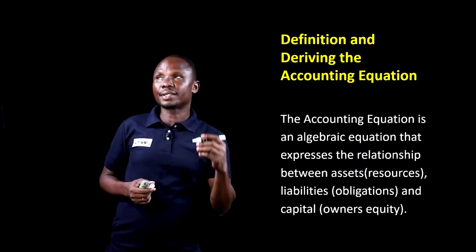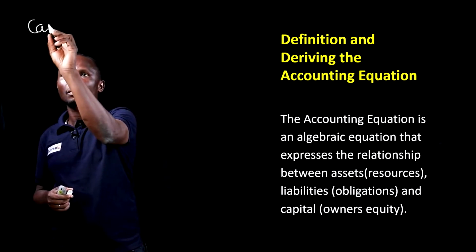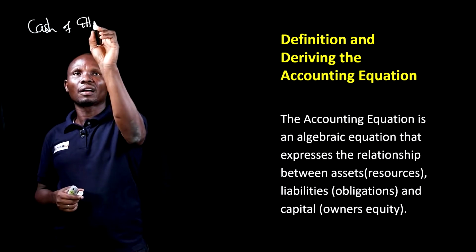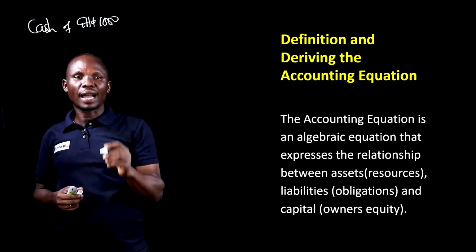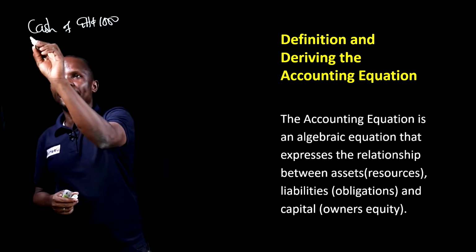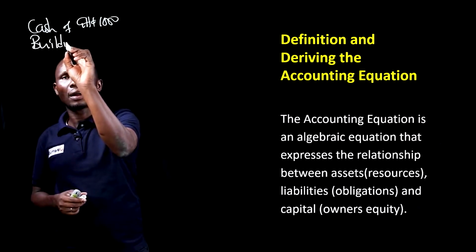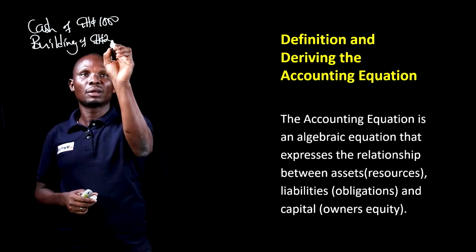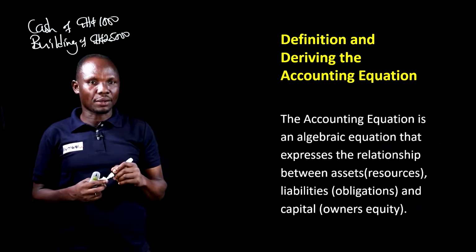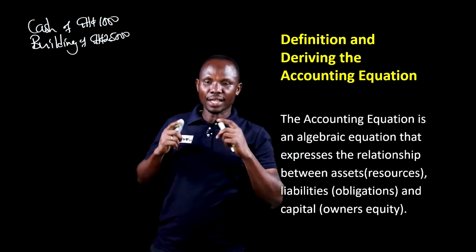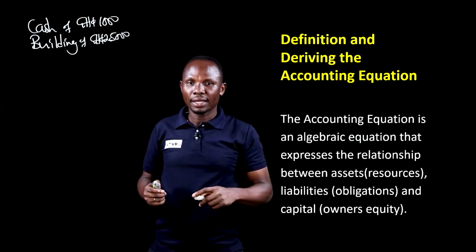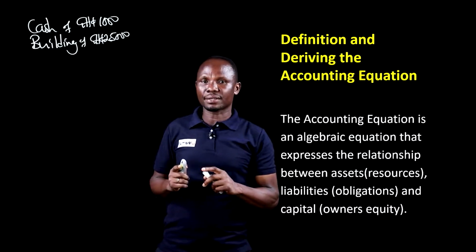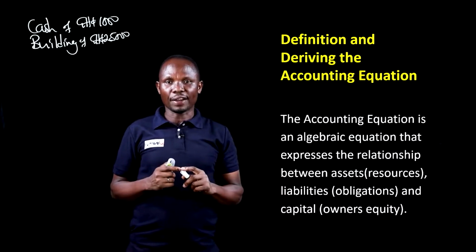Listowel introduces cash of 1,000 cedis and building of 25,000 cedis.